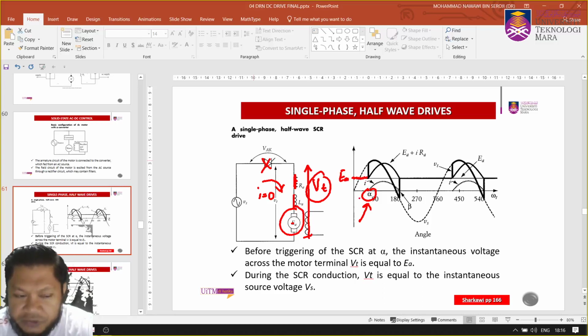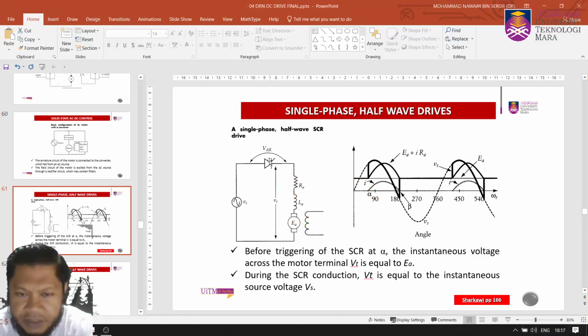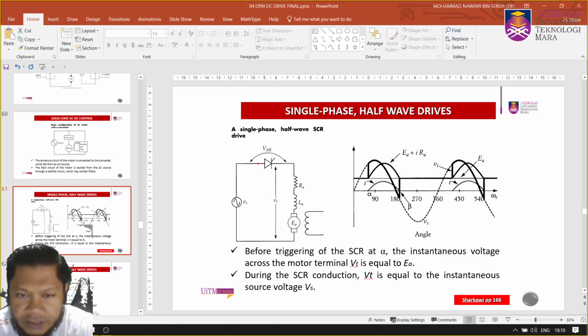When you start to trigger the thyristor, it now appears as a short circuit. After alpha, the firing angle, your thyristor is replaced by a short circuit, so current will flow.